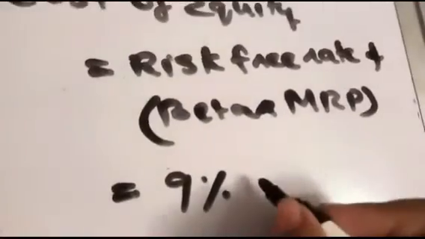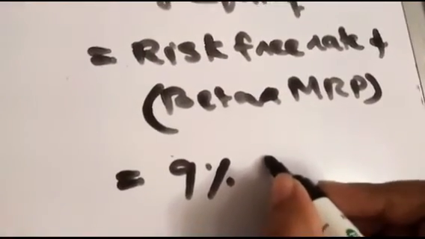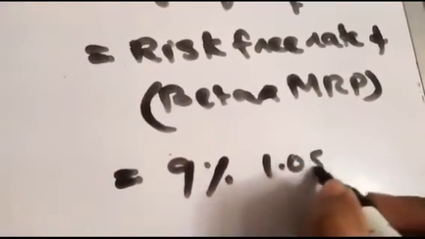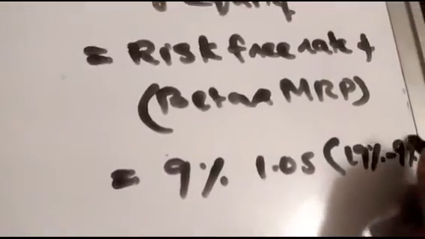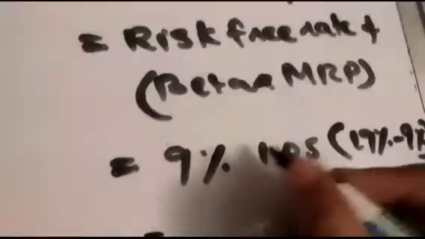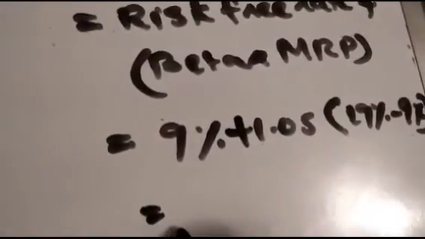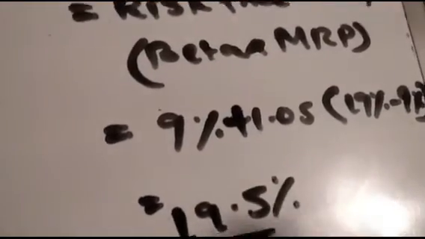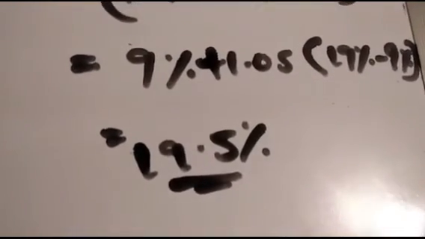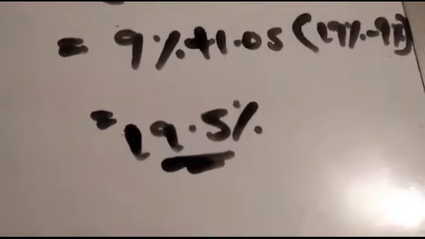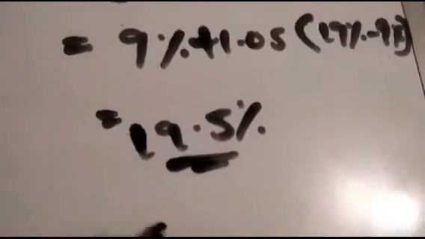So risk-free rate is given as 9% and beta is 1.05 into 19% minus 9%. After calculating this, we'll get 19.5%. So 19.5% is the cost of equity. Next in the question it is given that the debt equity ratio is 20 and 80%.